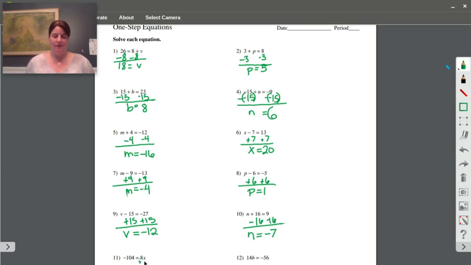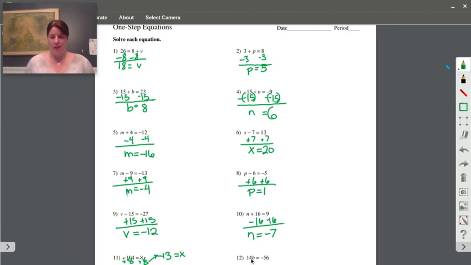We're going to divide this side by 8 and divide this side by 8. I'm going to put this over here. So negative 104 divided by 8 is negative 13. Negative 13 equals x.